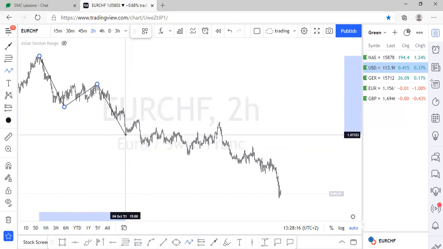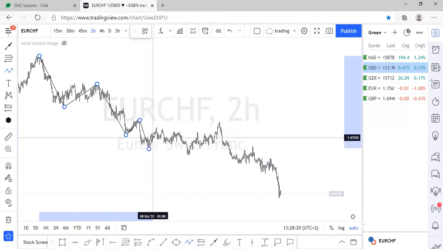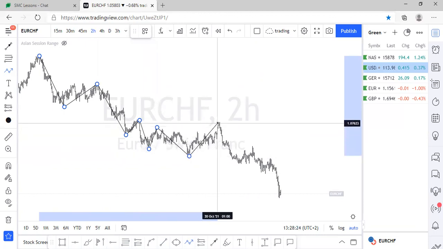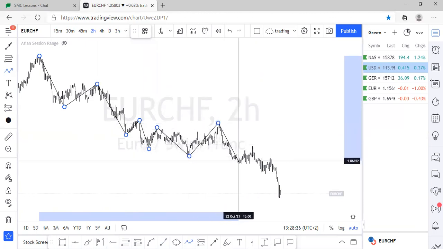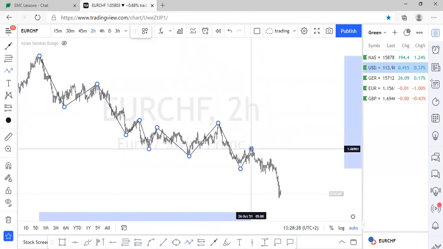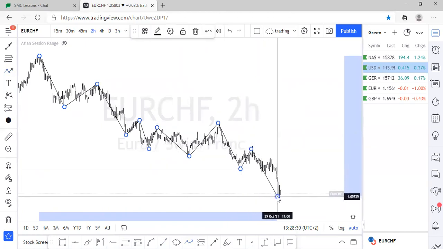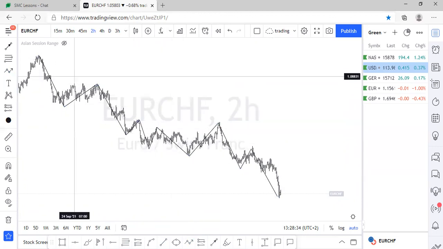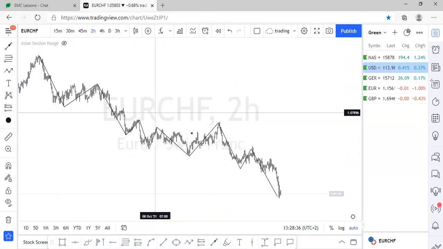Lower low, lower high, lower low, lower high, lower low, lower high, and then we get the lower low again. So guys, in this time frame, this is the 2-hour time frame, that's why we're having a bearish trend.